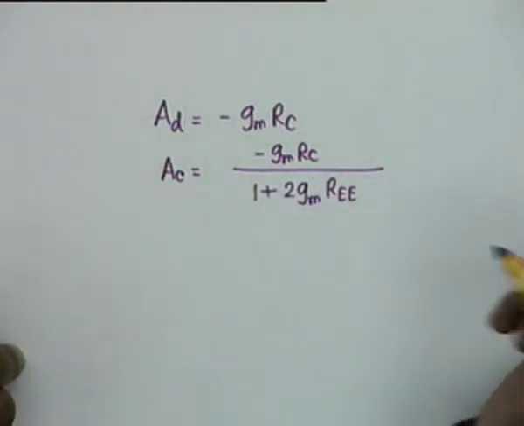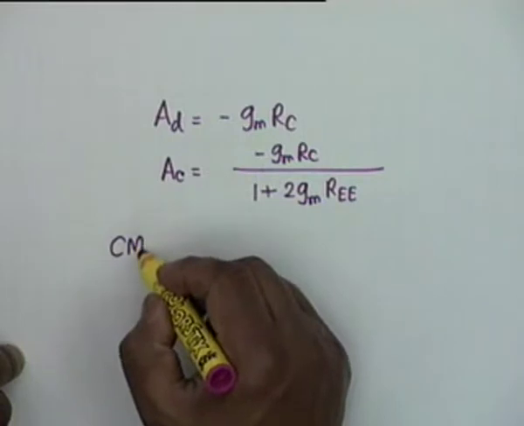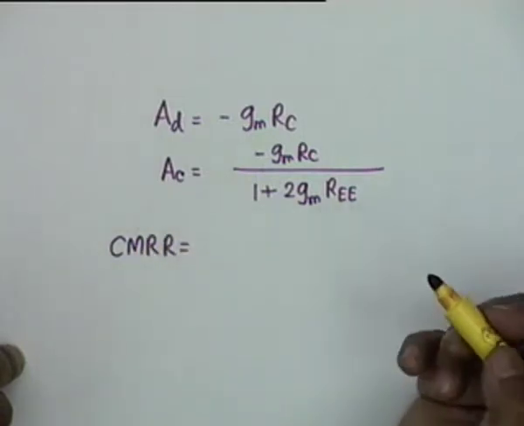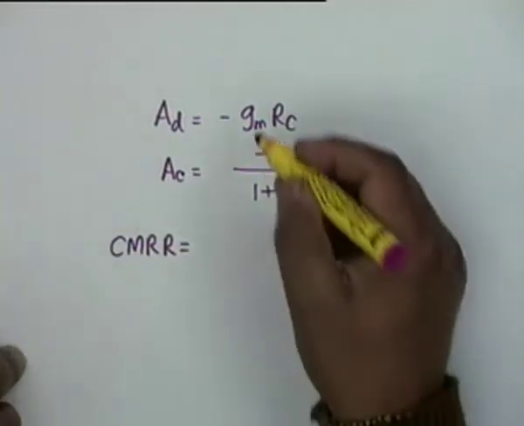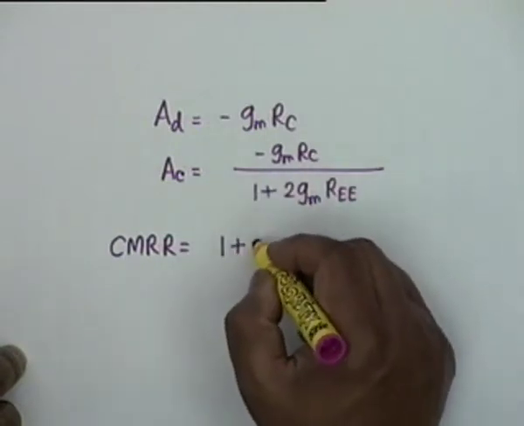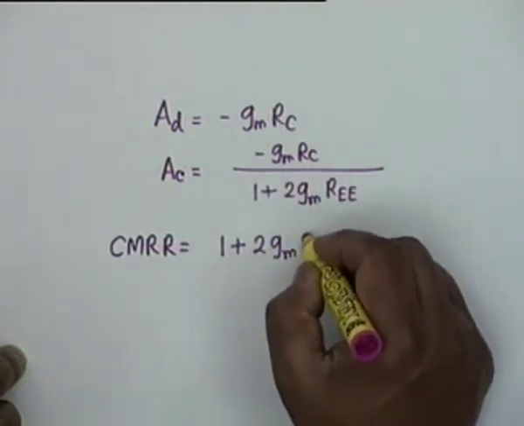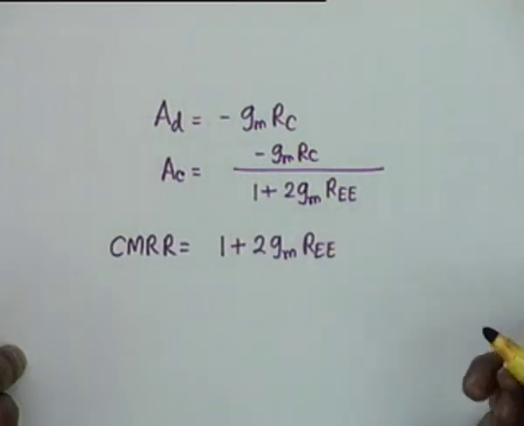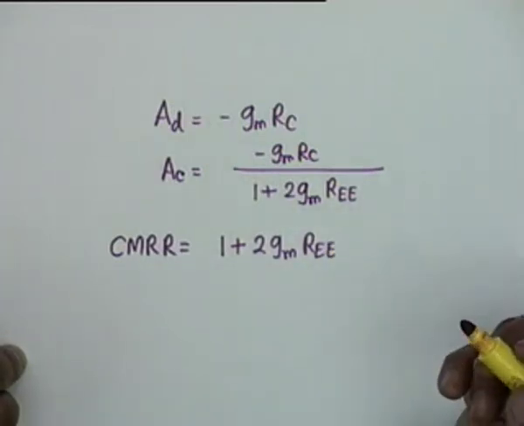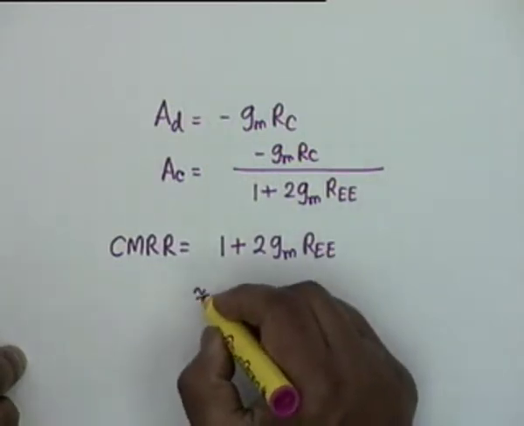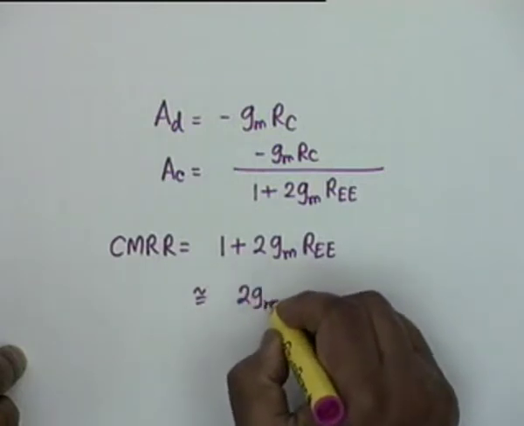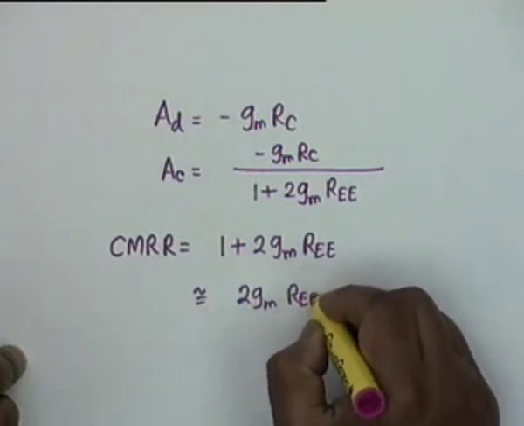Therefore, the CMRR is a positive quantity. It is AD by AC, and this is equal to 1 plus twice gm REE. Agreed? Which is approximately equal to twice gm REE.